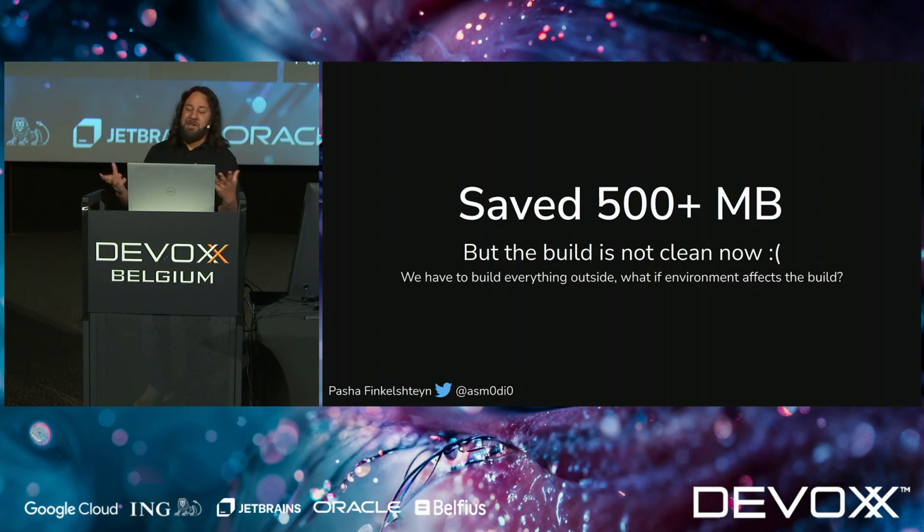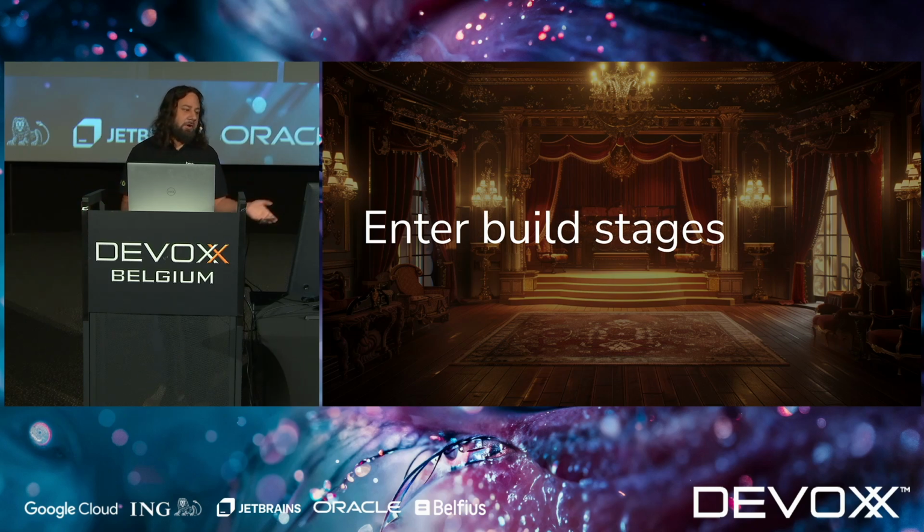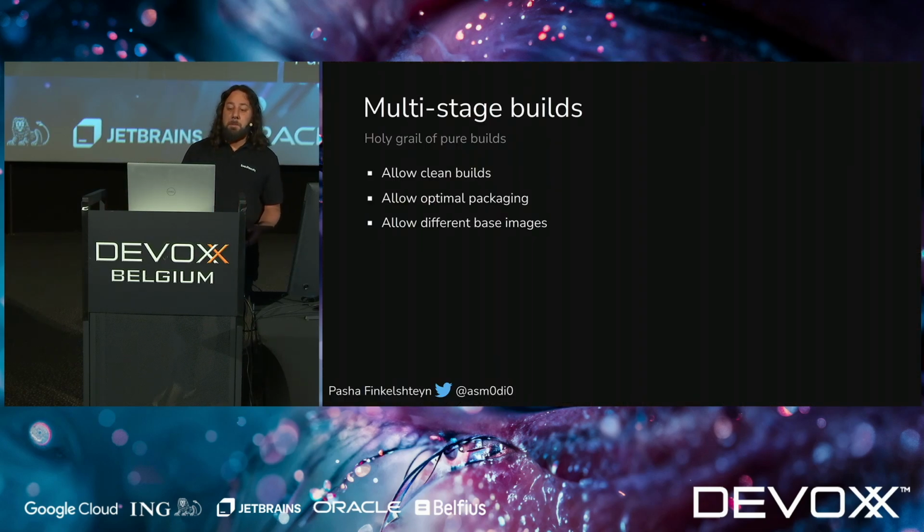But now the build is not clean, because we actually don't want the build to depend on our environment or things like that. We build something outside, and something can go wrong, and somebody will say it works on my machine, right? At this point, we can look at build stages.